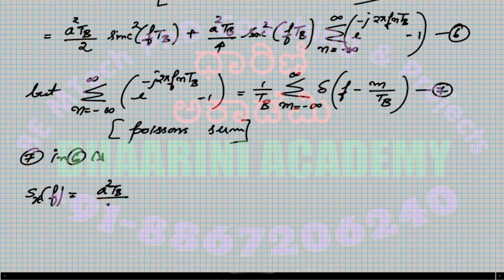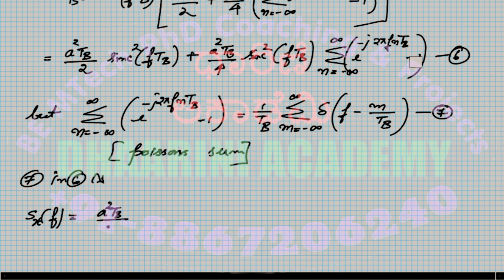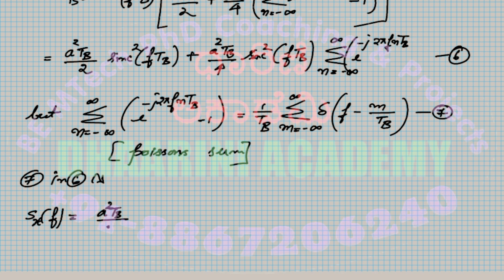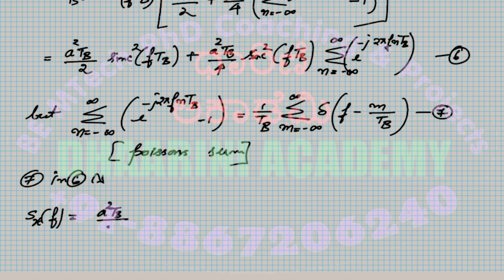I think Poisson sum does not include that. Let me go back and do the correction now. This minus 1 should be kept outside by mistake. I'll rewrite. So summation here into a square TB by 4 into that minus 1. Are you fine with that?